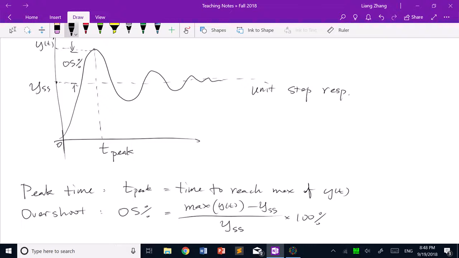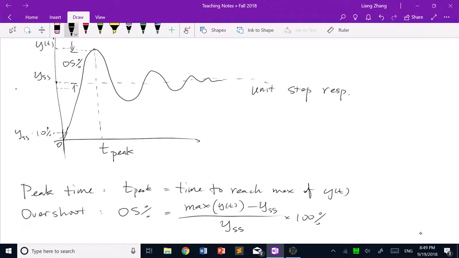Very straightforward. Sometimes we'll also want to look at this steady state, and I can define a 10% level of steady state here. And let me move this up a little bit. So this is y_ss.